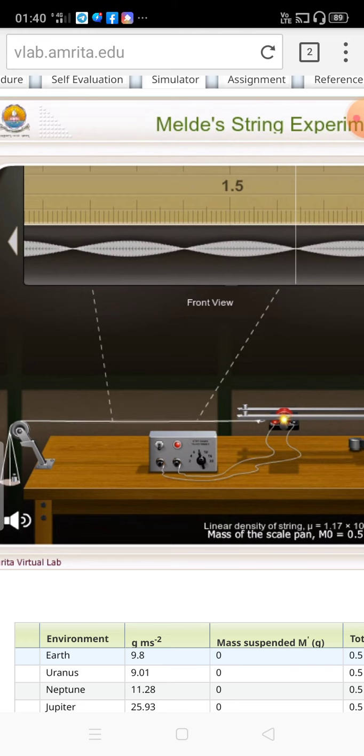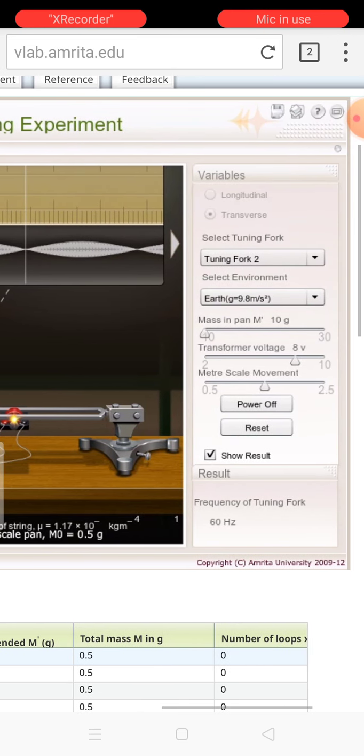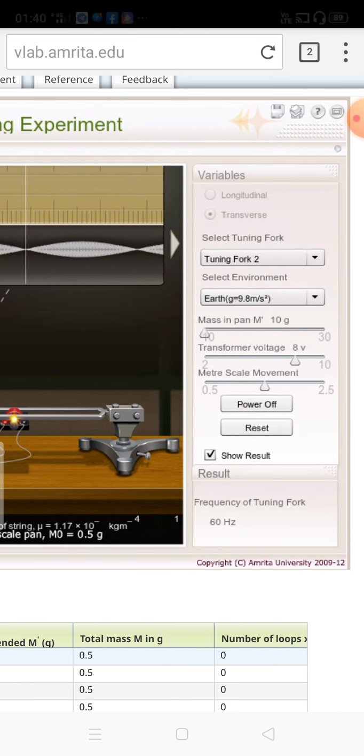So you get for a particular position, say transverse position, using tuning fork 2, for earth gravitational acceleration 9.8 meter per second square, mass on the pan is 10 gram, and meter scale position is already shown, two different positions, and the choice of tuning fork is 2, position is transverse.